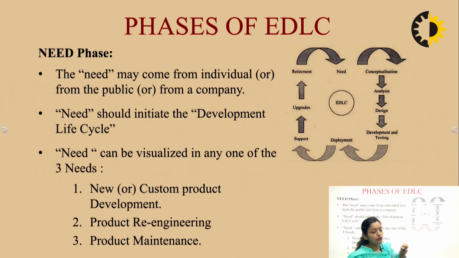Then we move to development and testing, which means whatever design we decided in the previous phase, now we have to develop it into a real hardware and software functional product. Okay, then comes testing. Now you will perform testing for the product which you have developed. Testing can be of 4 stages. First is unit testing, which means checking each and every single module.